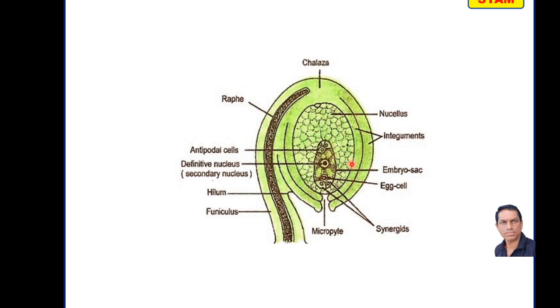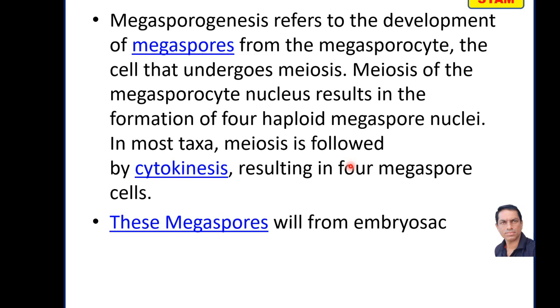So, what do we learn in megasporogenesis? In the ovule, the diploid nucellus produces the haploid female gametophyte, or embryo sac. How is it developed? This process is known as megasporogenesis. Megasporogenesis refers to the development of megaspores from the megasporocyte, or megaspore mother cell.